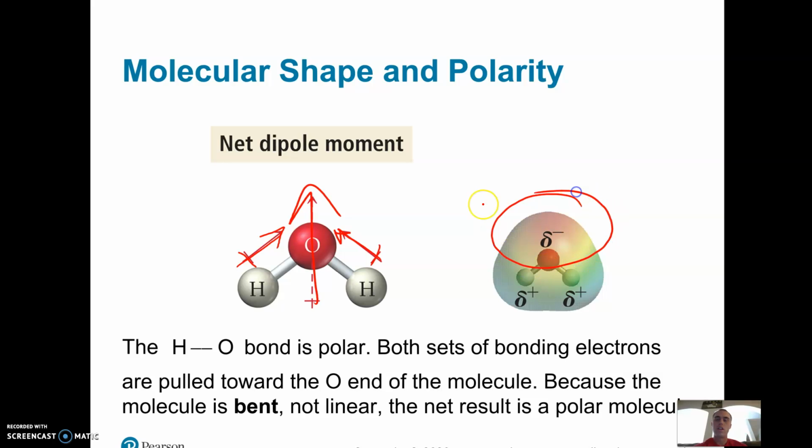If we looked at our electron density over here, we have this molecule having a slightly negative charge on the oxygen side because those electrons are being pulled towards the oxygen atom via two polar bonds, one there and one there. Okay, if we added those together, let me erase all this, it results in this. Okay, and so there's a large movement of electrons towards the oxygen. All right.